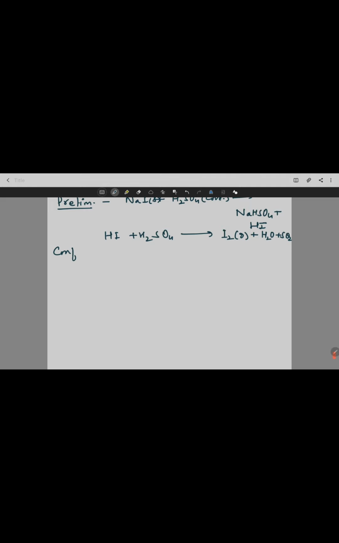Now what are the confirmatory tests for iodide? One is silver nitrate. The method is not changed, so I will directly write the chemistry behind it. We take the salt, NaI aqueous, and add silver nitrate solution to it.